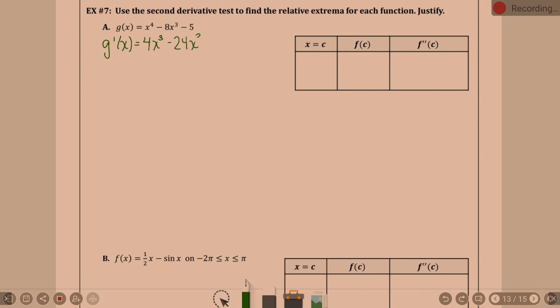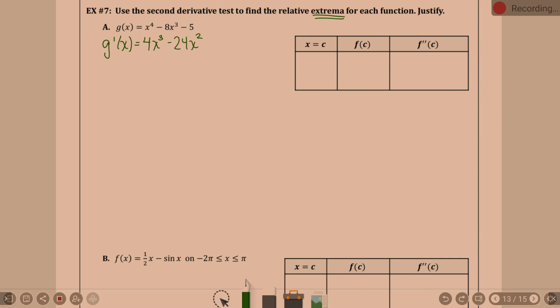Okay, that's my first derivative, yes? With the first derivative, what we're doing here is we're trying to find extrema, yes? But we're trying to use the second derivative test to do this.